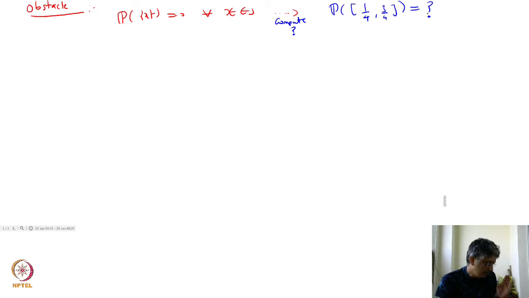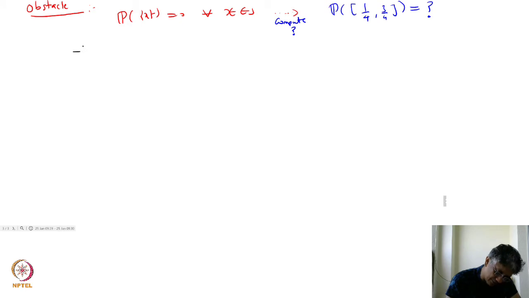I can't simply add up the probabilities of all points between 1/4 and 3/4 because that's an uncountable union. I will have to do something different. I cannot just say this is also 0. That's not quite right. Somehow there's something else I have to understand about what is uniform.